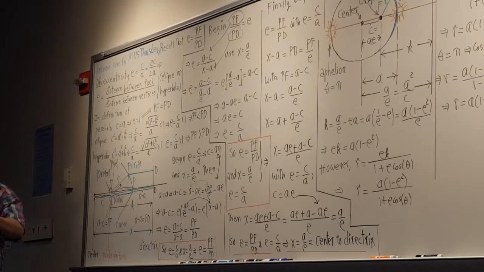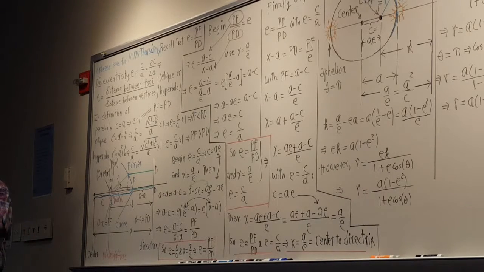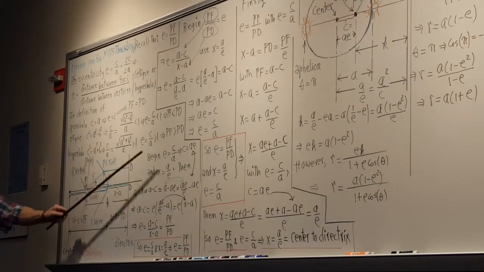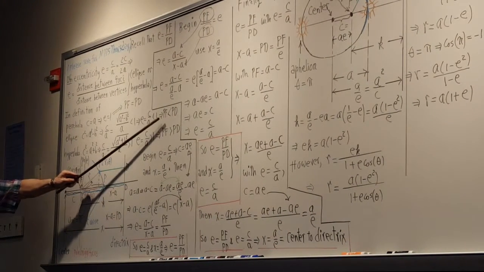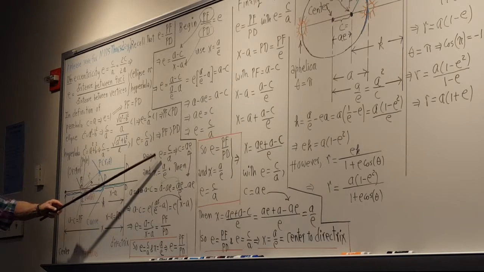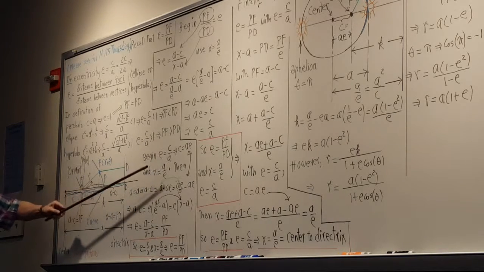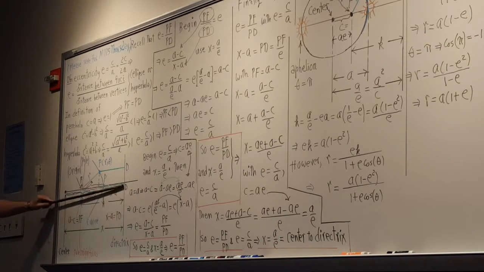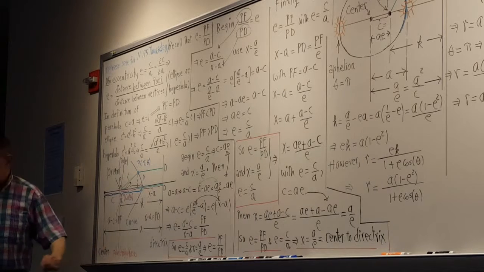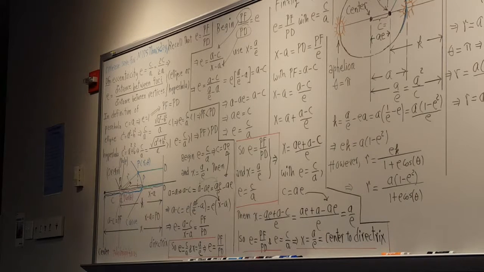And you can take any two of them and prove the third one. So that's what I'm in the process of doing, and I've started this. I've started with e is c over a and this statement about the distance and proved this one. Go back to my papers here.